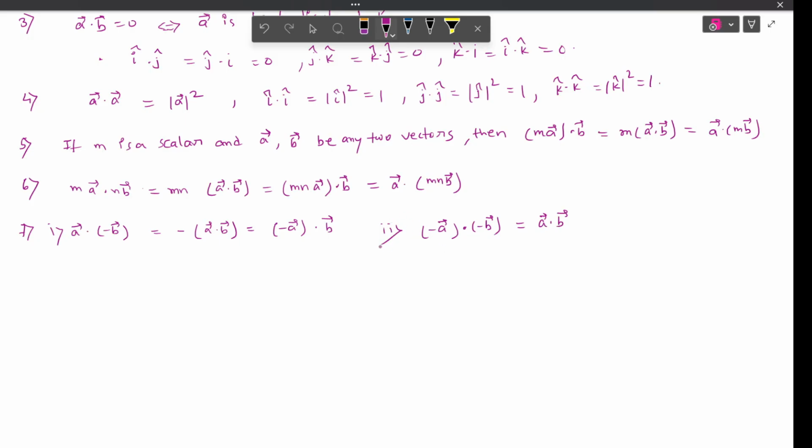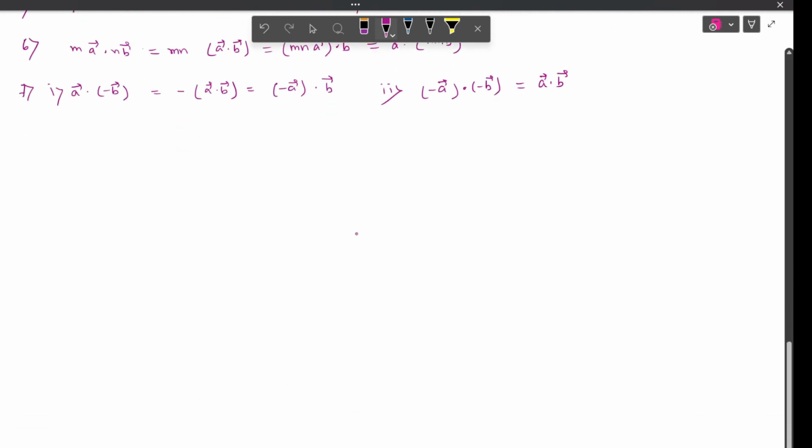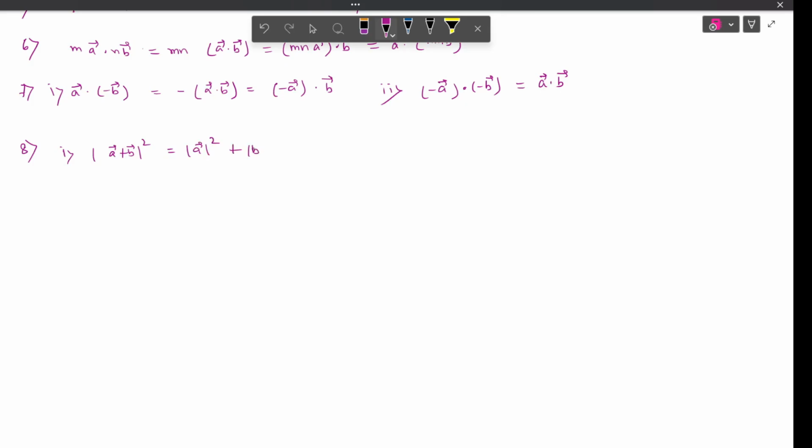Actually, dot product gives us the flexibility to apply all the algebraic operations. Okay. So property number 8 is for any two vectors a and b, modulus of a plus b square should be modulus of a vector square plus modulus of b vector square plus twice a dot b.